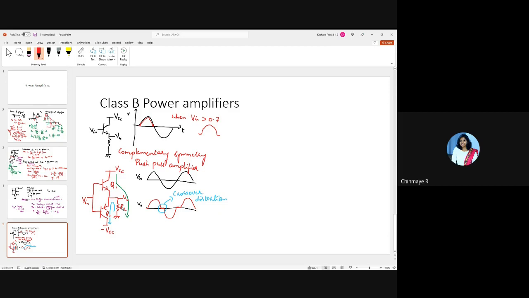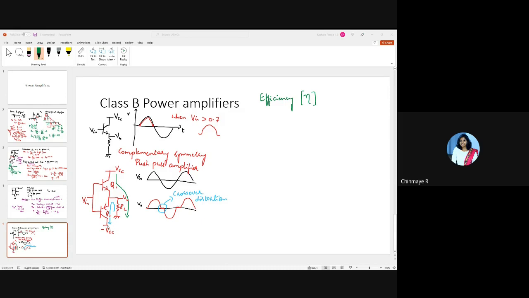So now can you calculate the efficiency of it? Because efficiency is a very important parameter in any amplifier. Very briefly, this is called a push-pull amplifier because one is going to push the current onto this load and the other one is going to absorb the current, I mean, take the current from the load.